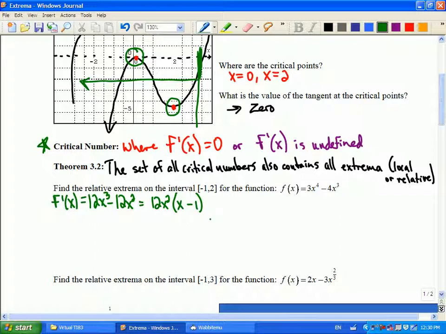And this is a polynomial. It is well behaved, meaning there's nowhere it's undefined. So I have no problems other than where it could be equal to 0. So my critical numbers would be x equals 0 and x equals 1. That's the only spot where there could be the minimums and maximums I'm looking for. It just so happens that they fall into the range I'm looking for. Right?